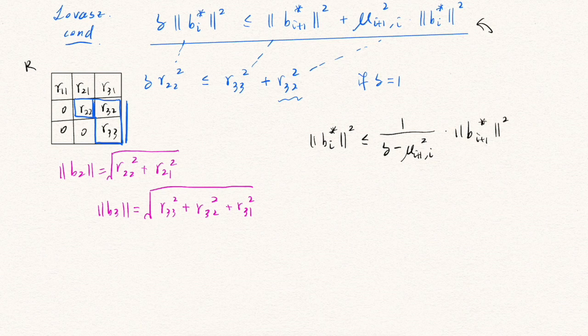Okay, and usually what's the range of this delta? The range of the delta is usually exclusive of 1/4 and inclusive of 1.